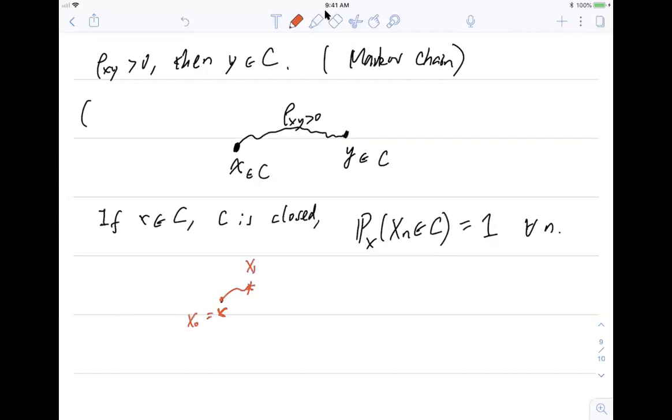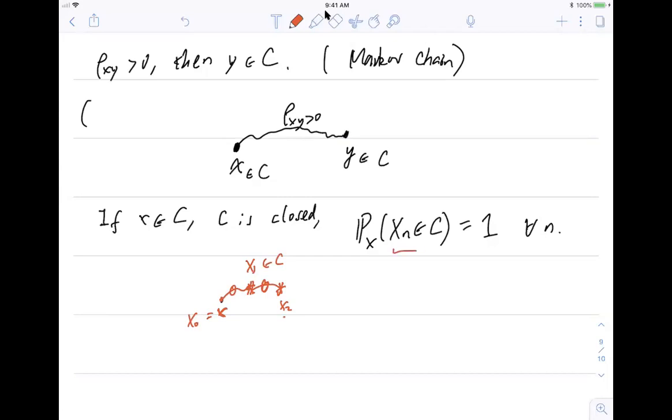Since this is positive, x1 is in C. Then you move from x1 to x2, and x2 should be in C as well.